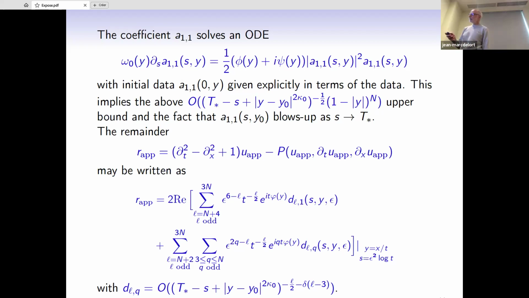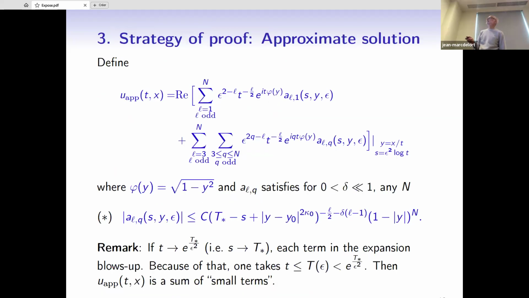And so let me answer one of the previous questions, and explain where this A11 comes from. Consider the first contribution, A11. You plug your approximate solution in the equation, and you see what kind of equation you get for A11 at the main order.